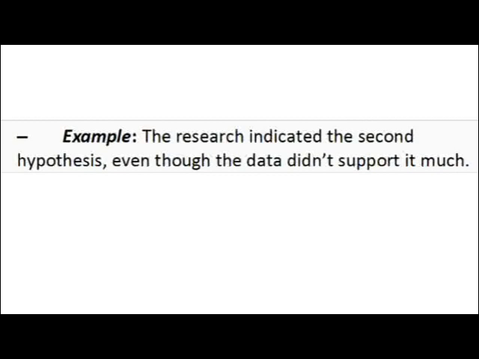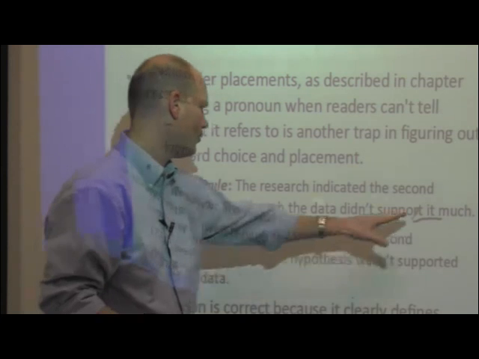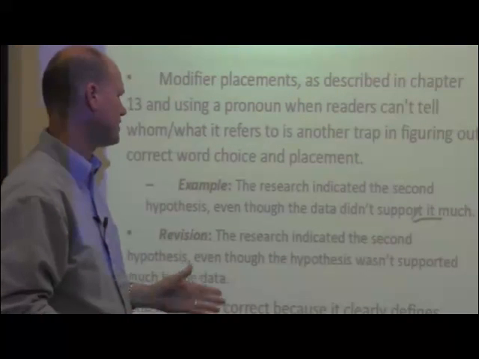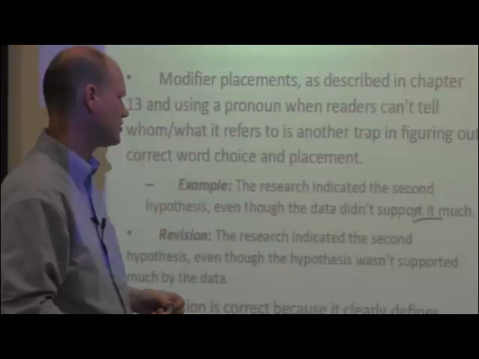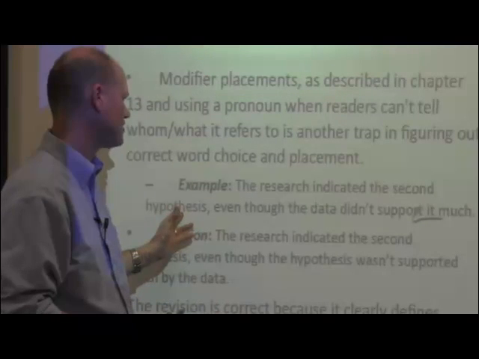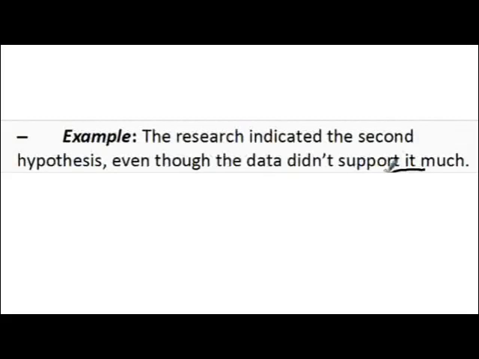Let's say, for example, the word choice that was in question was "it." What is "it" talking about? Is it talking about the research that indicated the second hypothesis, or is it talking about the data not supporting it much?